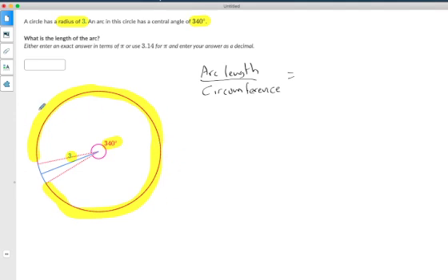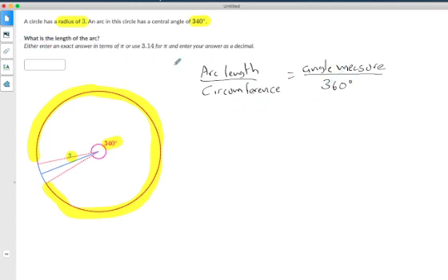And the whole circle is 360 degrees. So that would be the angle measure divided by basically the circle measure, but I'm going to put 360 degrees here because that's always 360 degrees. So this is a formula we're going to use.